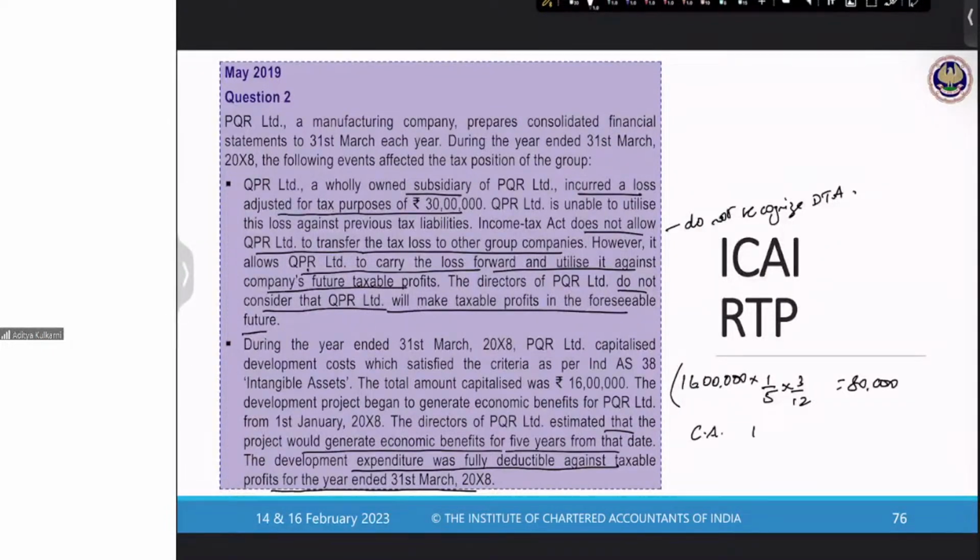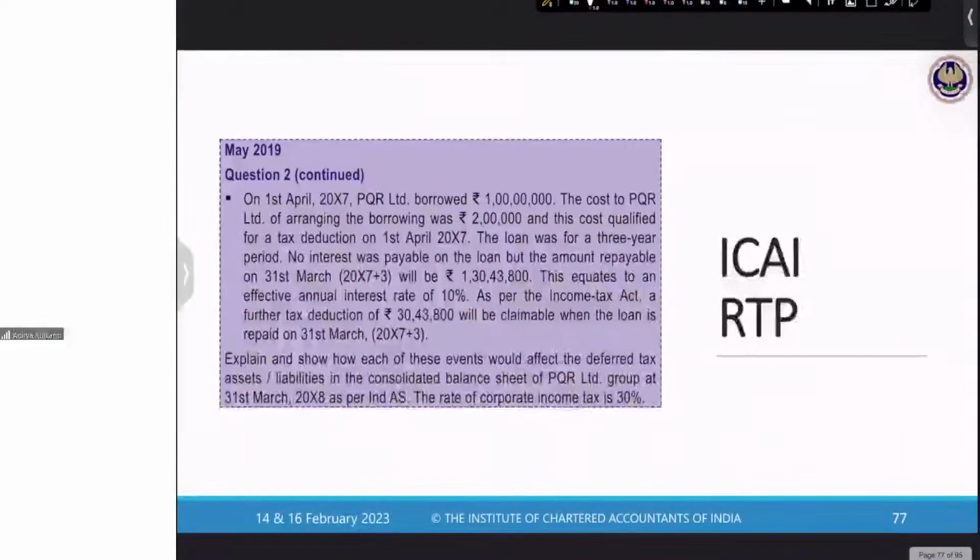So carrying amount is 15 lakh 20,000. Tax base is 0. It is entirely deductible, so in the tax base I'm not recognizing an asset. Carrying amount is greater, so there will be a DTL on 15 lakh 20,000 multiplied by the tax rate.